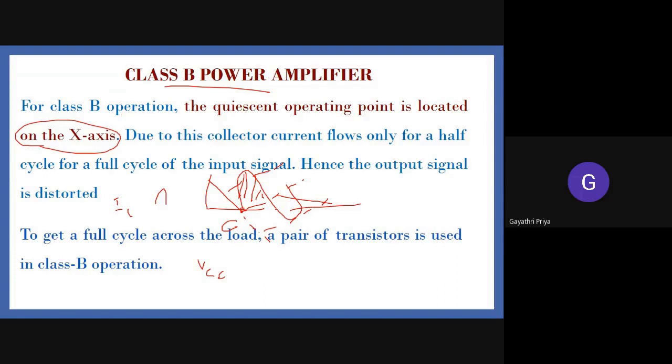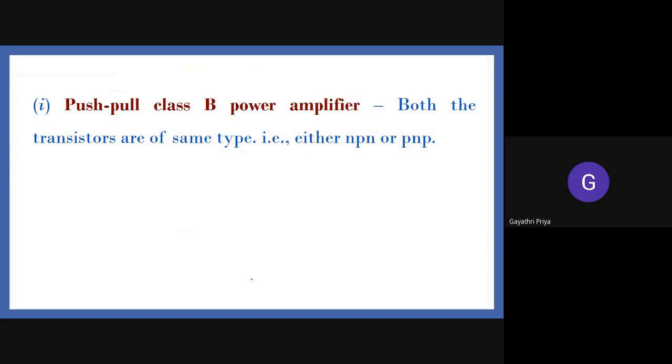So what we have to do is make use of a pair of transistors. A pair of transistors means I am going to use two transistors in Class B operation. The way in which I connect the two transistors differs.